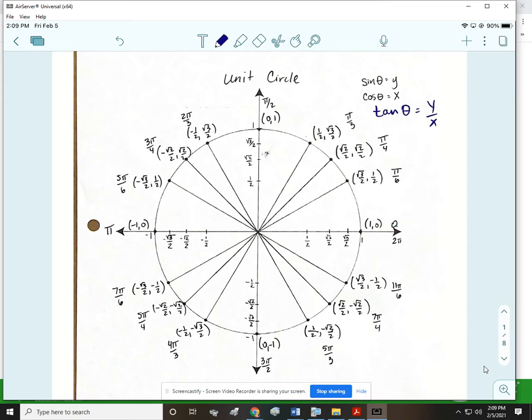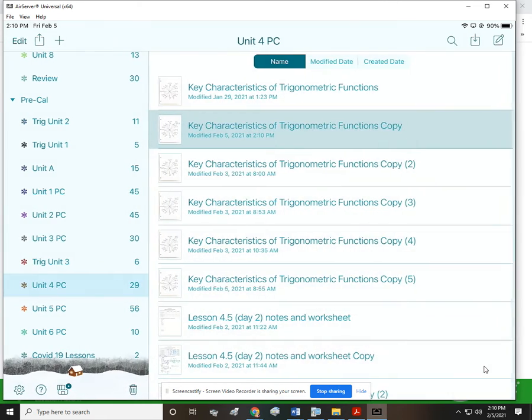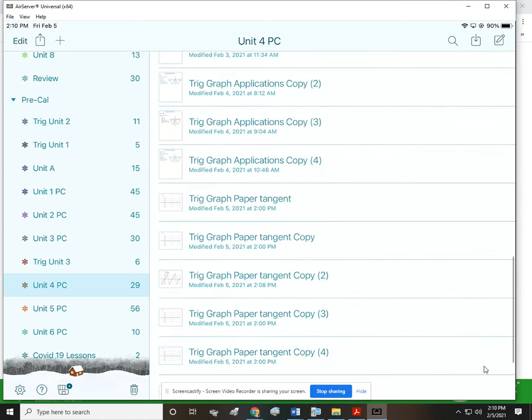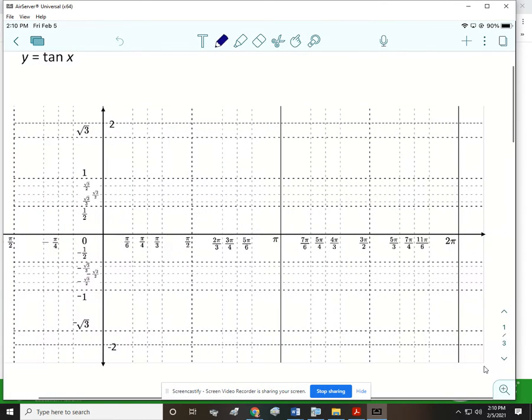So if we go to where the angle is 0, when we do the y divided by the x, it's 0 divided by 1, or just 0. So we would have a point at 0, 0. Then we would go to where the angle is pi over 6, and we would divide the y by the x.